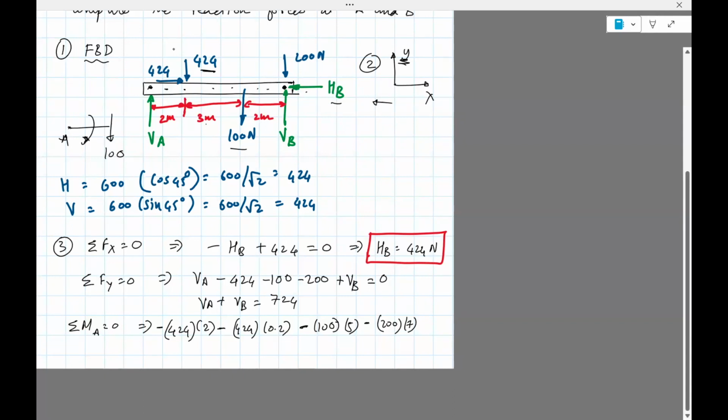Okay, and there's one more left, which is VB. VB acts counterclockwise. Well, it acts upwards first. So VB is upwards. Its distance is again 7.